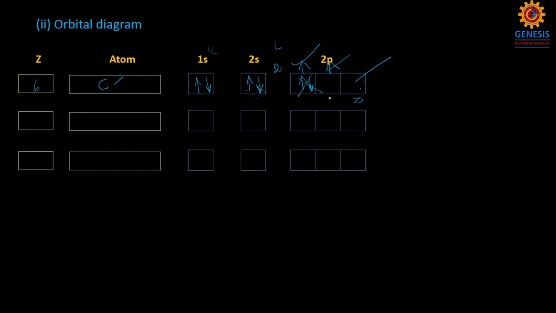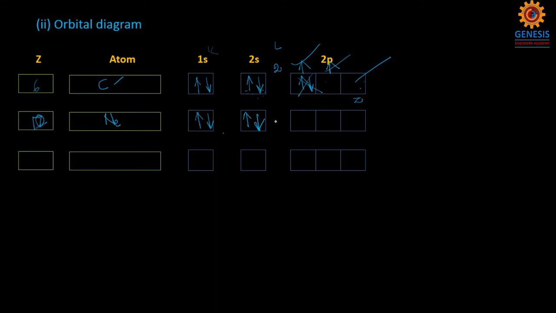So this is about carbon. Next I'll take up neon, which is 10. Neon is represented by Ne. So 1s2, 1 is over, 2s2 over, so 4 are over and the remaining are 6.